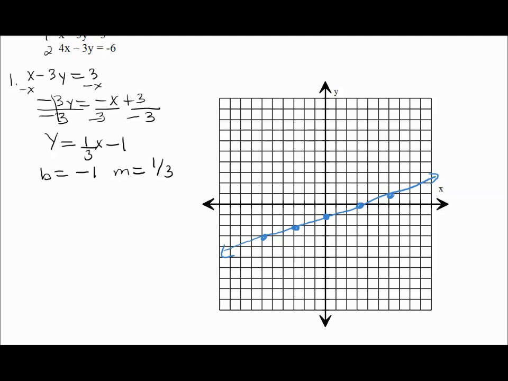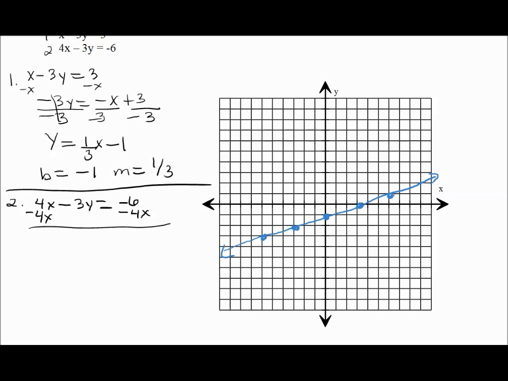Okay, so for my second equation, equation 2, I have 4x minus 3y equals negative 6. I'll put this in slope-intercept form. Subtract 4x from both sides. That leaves me with a negative 3y equals a negative 4x minus 6.